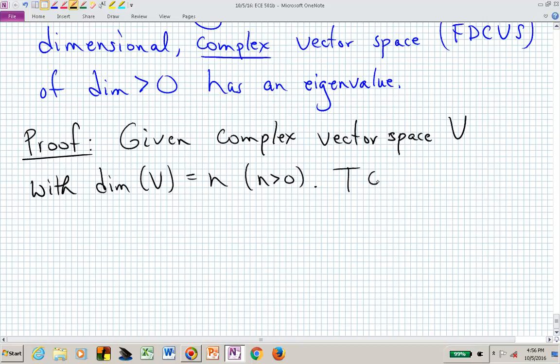We also have a linear map or a linear operator T, and now let's just select a vector v that belongs to that complex vector space capital V. So let's arbitrarily choose a v in our complex vector space V, and let's make it not be the 0 vector, so it's non-zero.